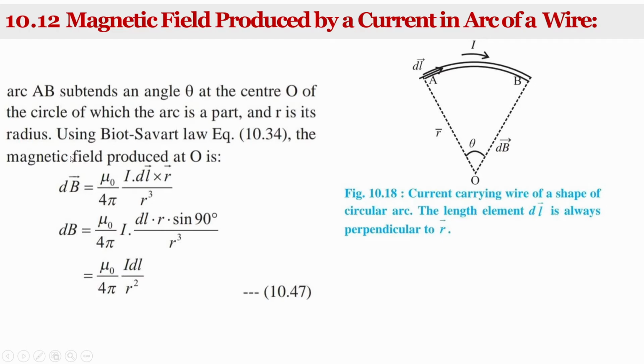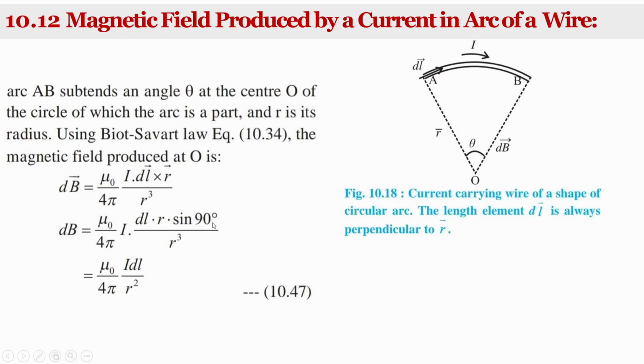This is the magnetic field produced at point O by the small element of length dl when current I flows through it. Then dB is equal to mu naught upon 4 pi I times dl cross r, which is written as dl r sine theta.